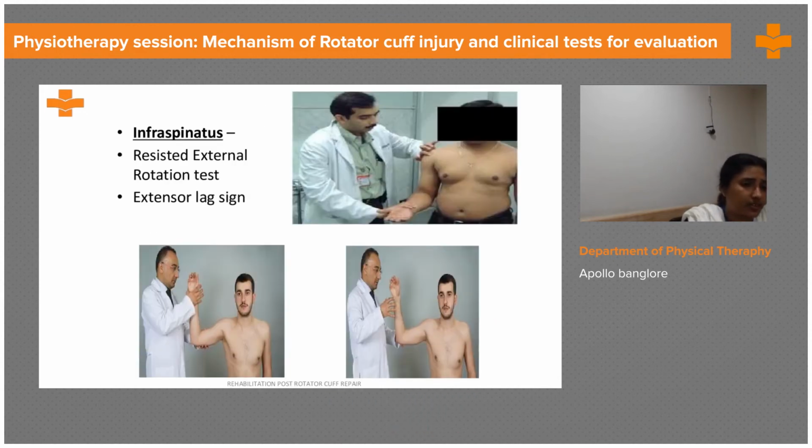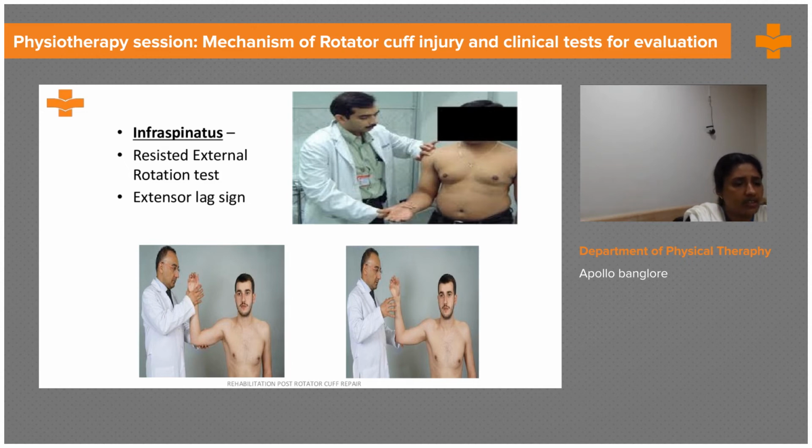The other test is for the infraspinatus. As you all know, infraspinatus is an external rotator. If we give resisted external rotation against the resistance of the therapist, and the patient complains of pain, or when you compare with the other side you can feel the weakness, the test can be positive.